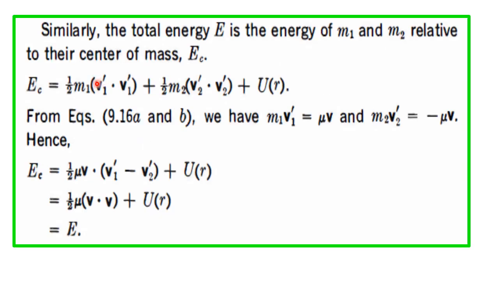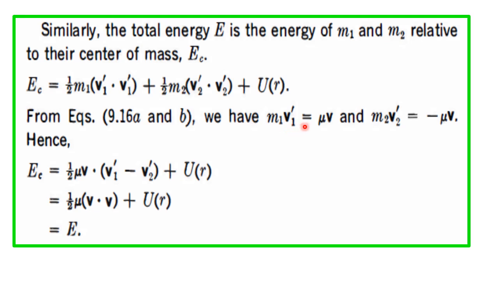The total energy is the energy of M1 and M2 relative to the center of mass. So EC is calculated as half M V1 dash dot V1 dash, that is V1 square is V1 dash square, written as a dot product. Similarly, writing the kinetic energy for the second particle plus the potential energy.